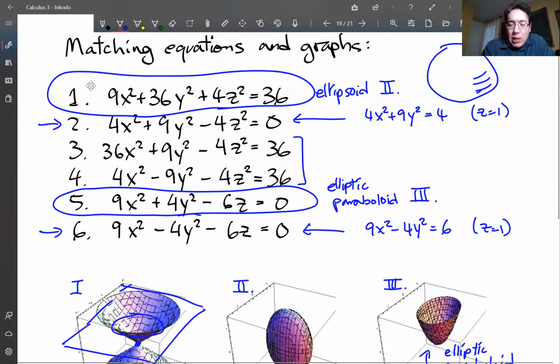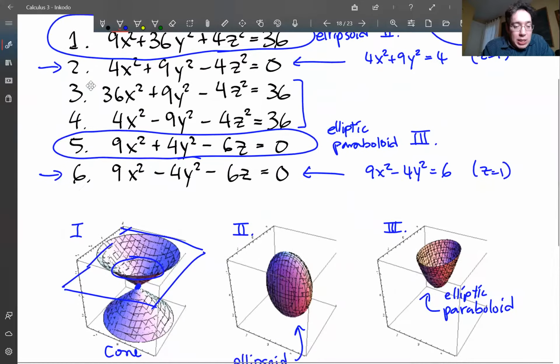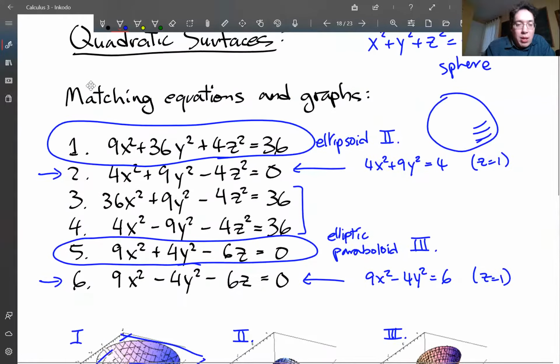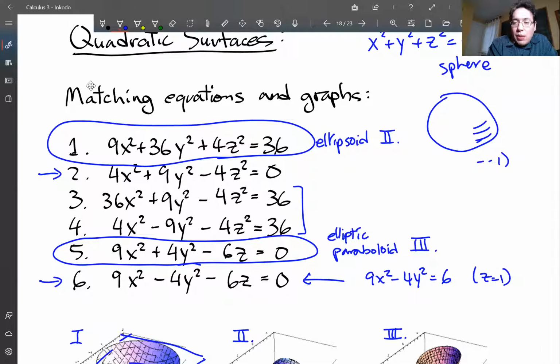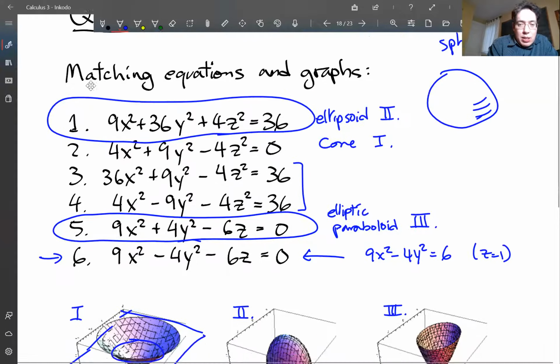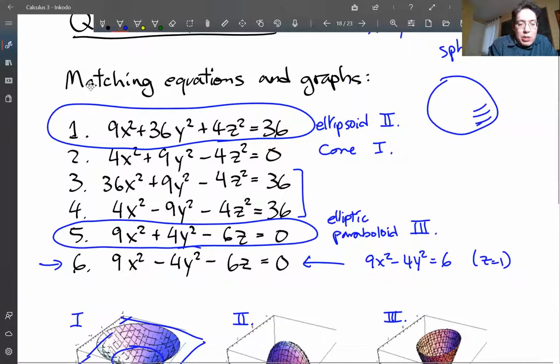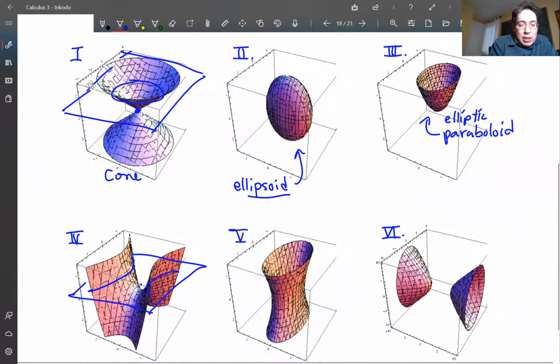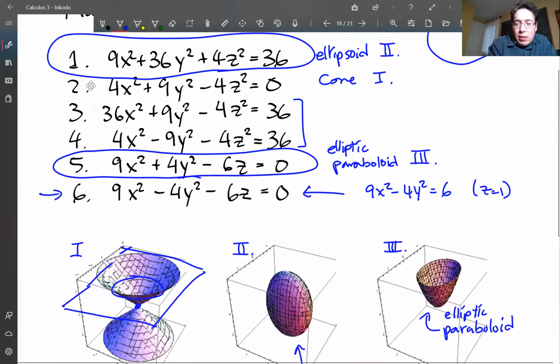Okay. So that must mean the number 2 here is the cone. So that's picture 1. And equation 6 must be this guy. What is this guy called? Let me look it up.